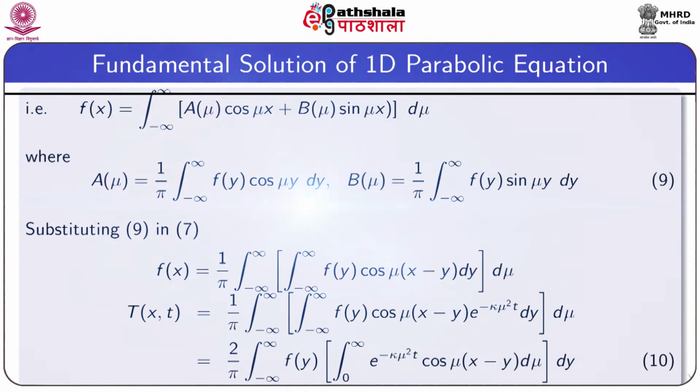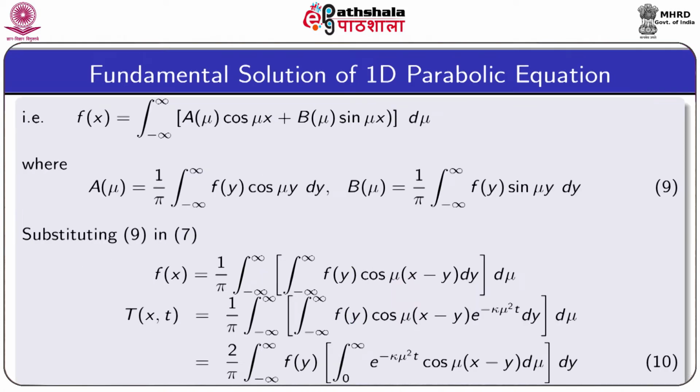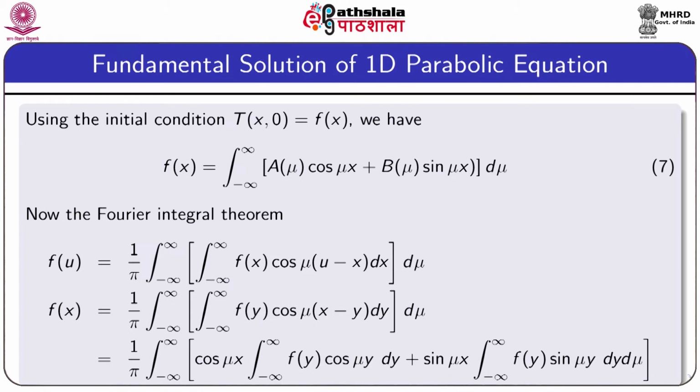So, this expression can be written in this form also: integration 0 to infinity of (A mu cos mu x plus B mu sin mu x) d mu, where A mu is the expression in the previous integral.